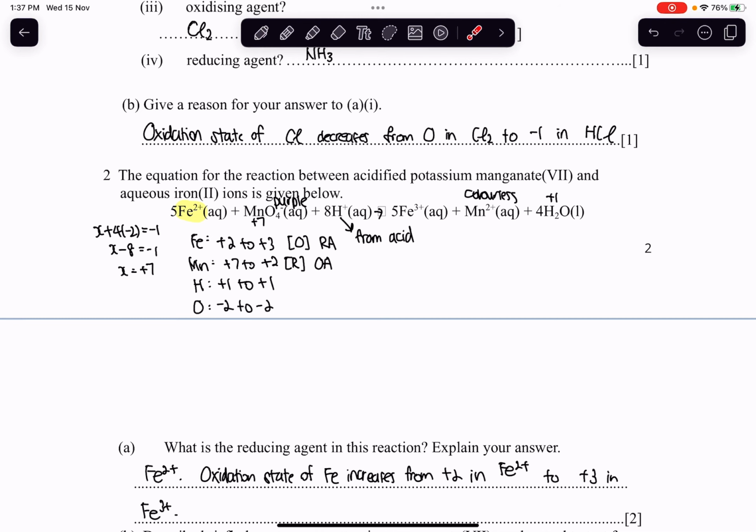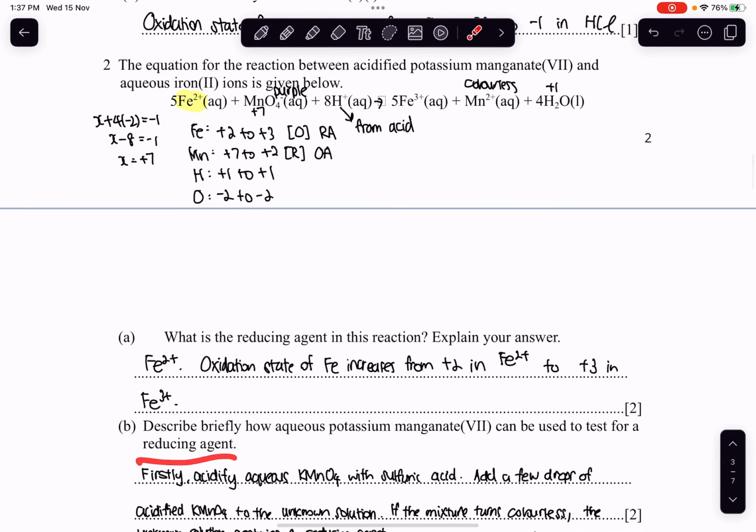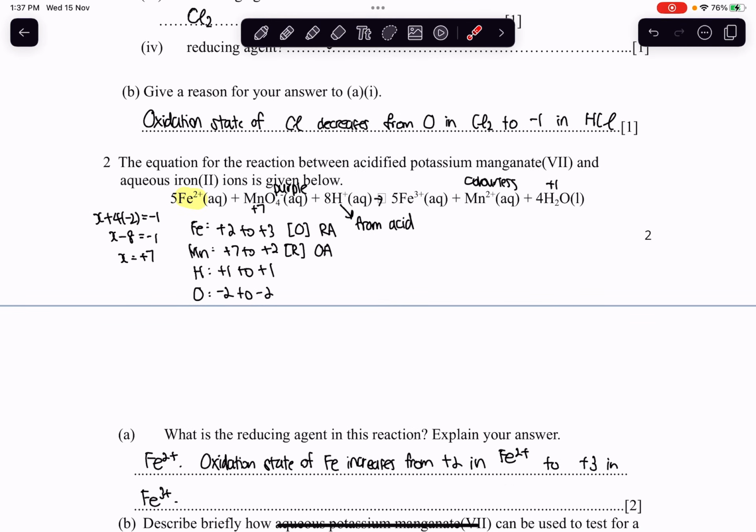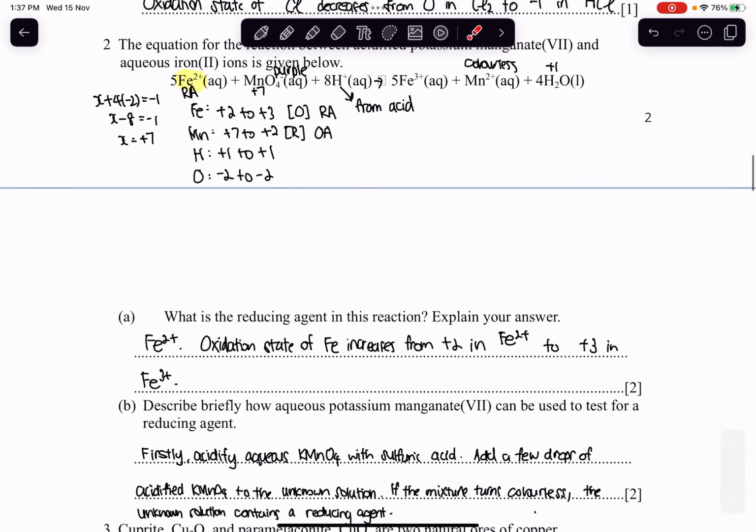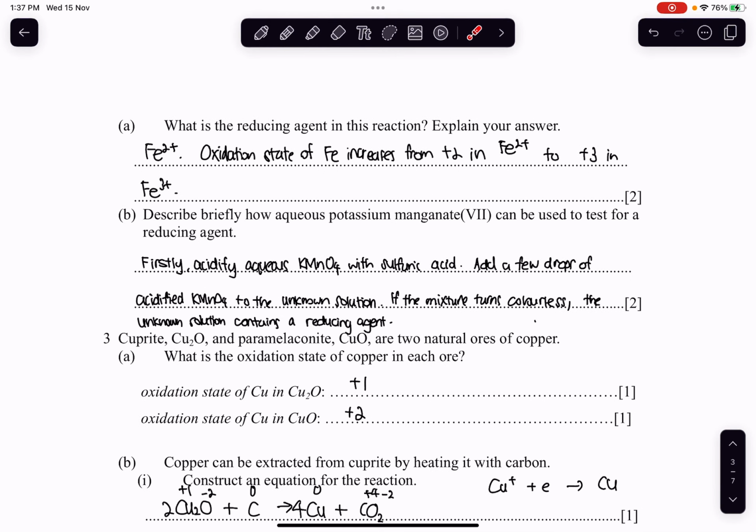So if RA is present, in this question the RA is Fe2 plus, this purple color will turn colorless. So when you see this turning colorless, the unknown solution contains a reducing agent. Obviously if there's no color change, then it does not contain a reducing agent.